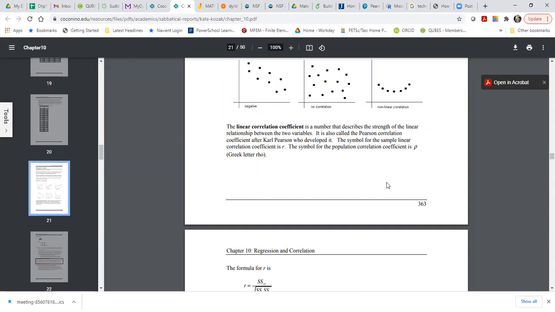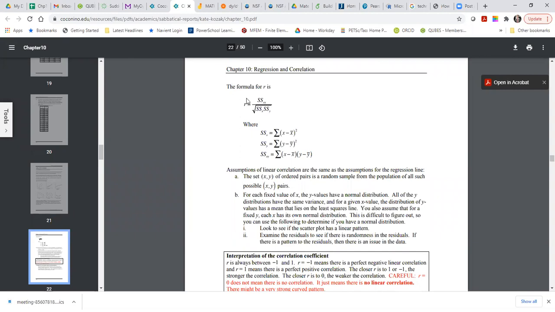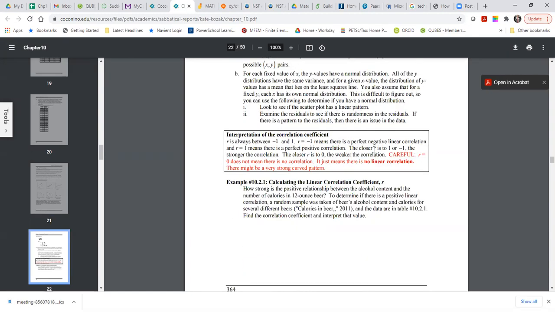Okay. Yeah, so don't worry about this formula, okay, because we just use software to find the R. So you can see here, R is always between -1 and 1. Okay.